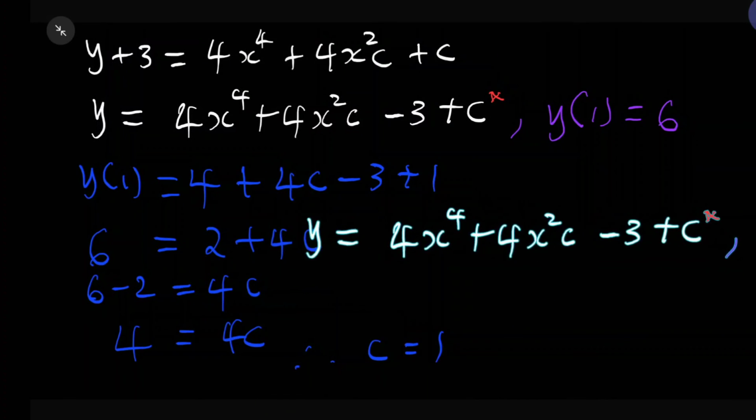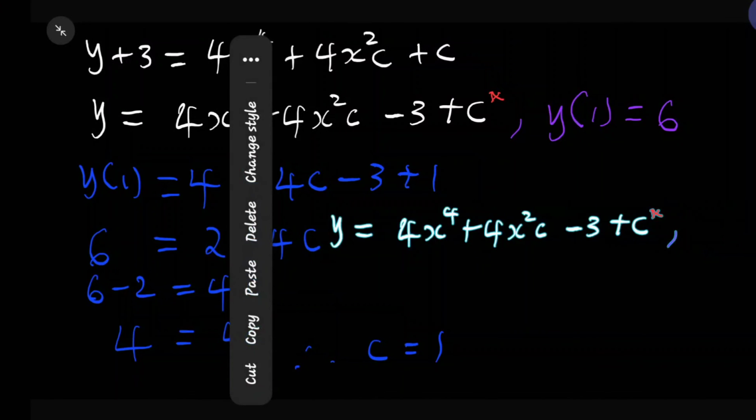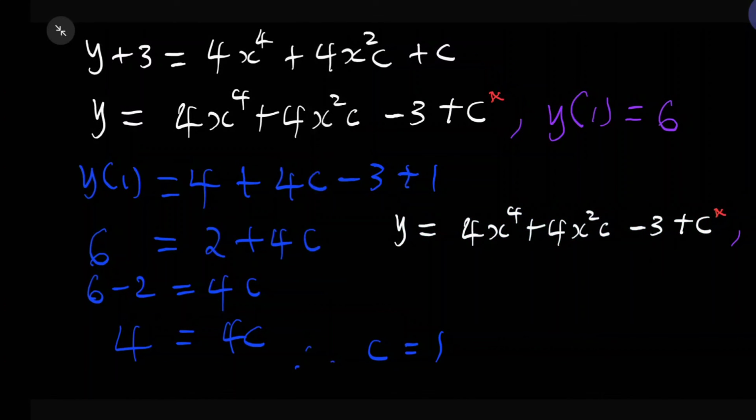Seeing that our c is 1, we can quickly write y equals 4x raised to the power 4, plus, where c is 1, 4x squared times 1 would be 4x squared, minus 3 plus 1 would be minus 2. So this is our answer.